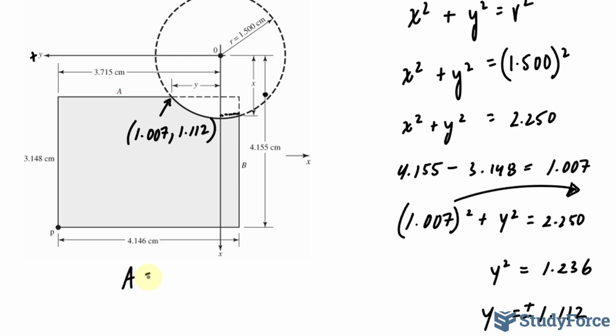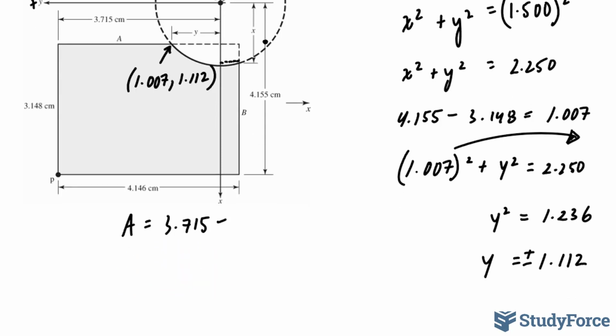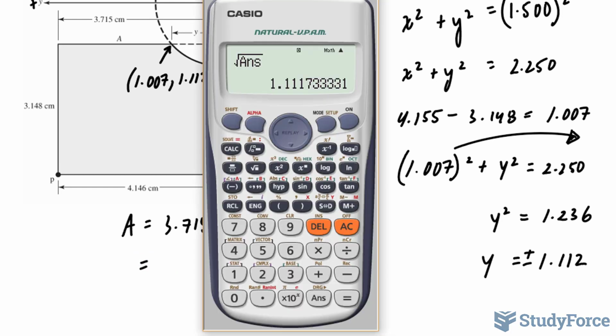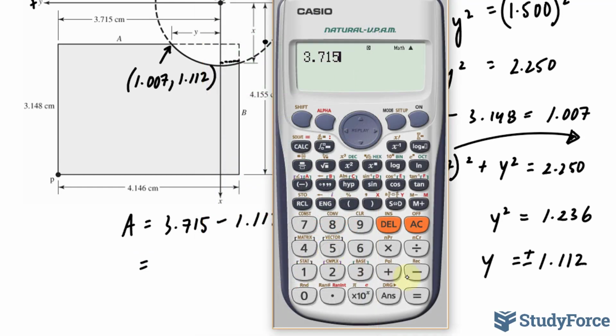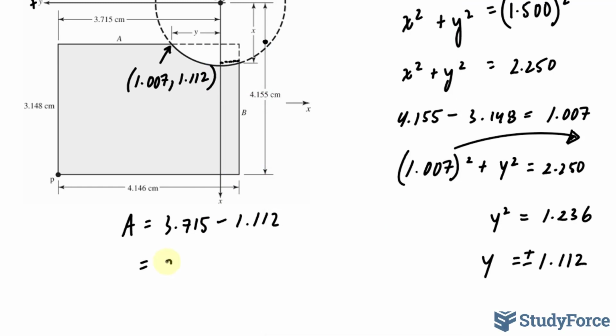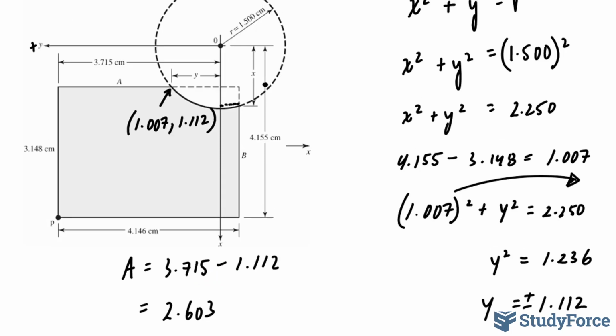So A is equal to 3.715 minus 1.112. Using our calculator, 3.715 minus 1.112 gives us 2.603. We just found our A. Now to find our B, we need to do something similar.